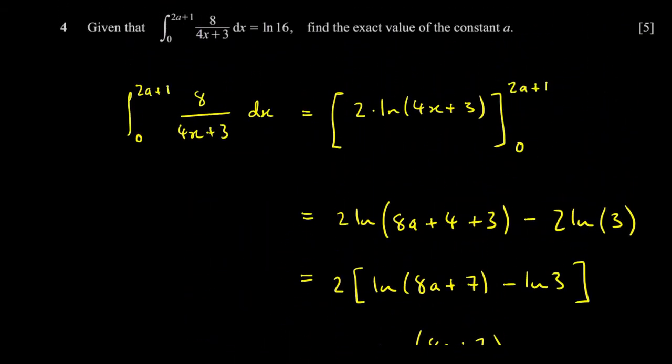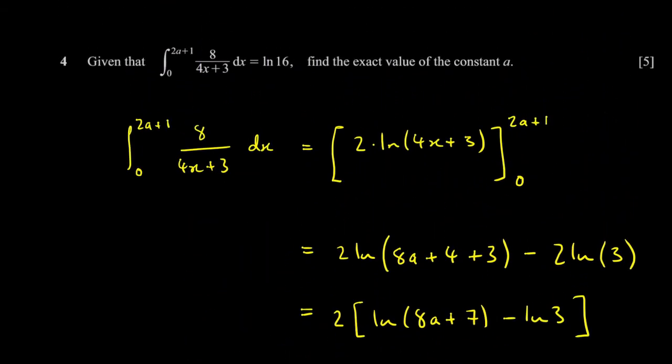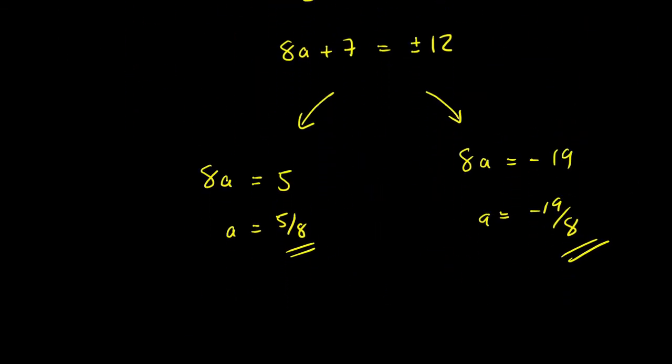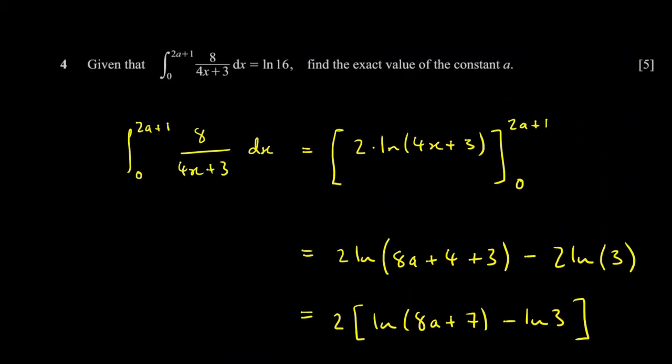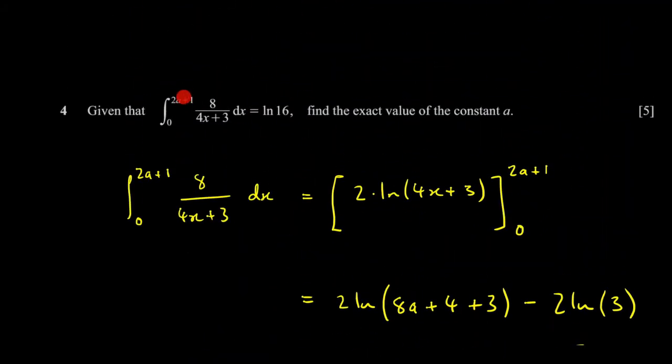Well, if we look at the question, we're asked to integrate from a lower bound of 0 up to an upper bound of 2a plus 1. And that means that if we take this negative guy, this can't be right, because it means that this upper bound here is going to be negative. So this lower bound is supposed to be lower than our upper bound.